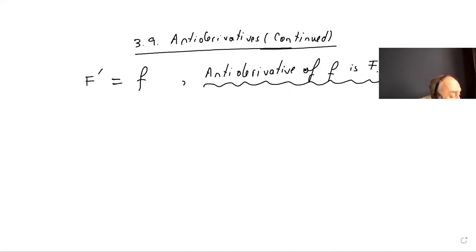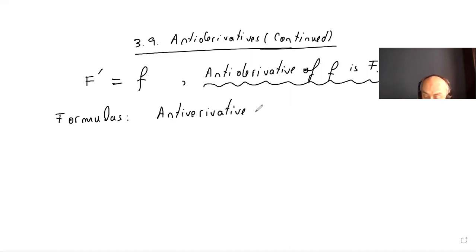All right. So last time we did some formulas, and I'm going to review those formulas quickly. So formulas. So the antiderivative, first of all, the most important is this one, the antiderivative of x to the n is 1 over n plus 1 times x to the n plus 1.